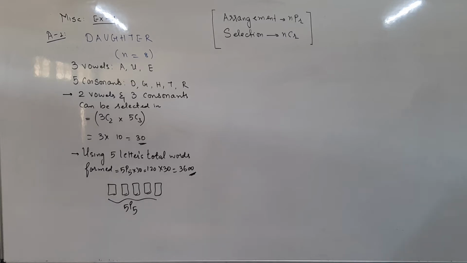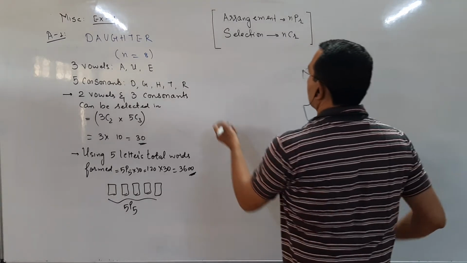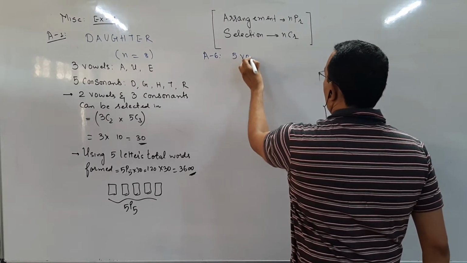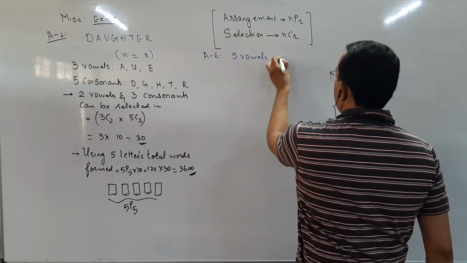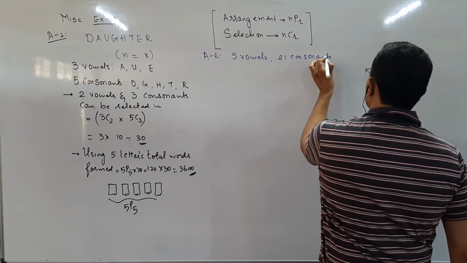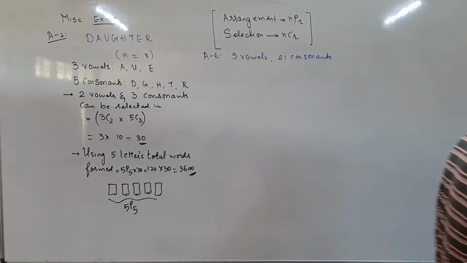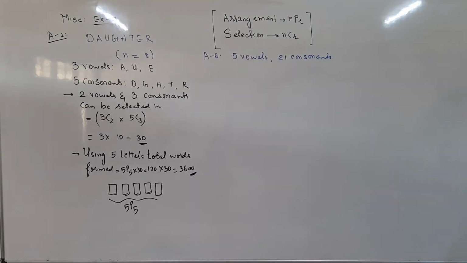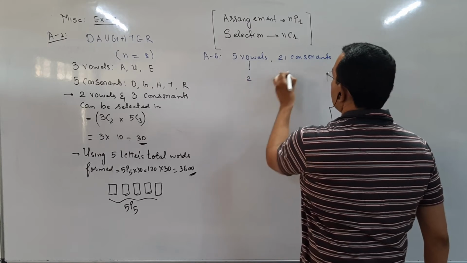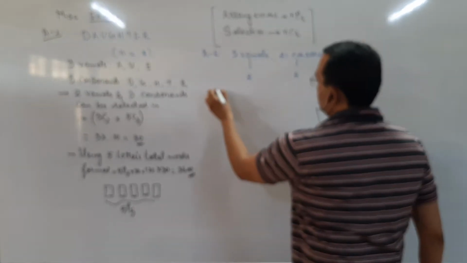Sum 6. The English alphabet has 5 vowels and 21 consonants, that all of you know. We have 5 vowels and 21 consonants in English alphabets. Now, how many words can be formed using 2 different vowels and 2 different consonants from the alphabets? So, I have to select 2 vowels, I have to select 2 consonants.